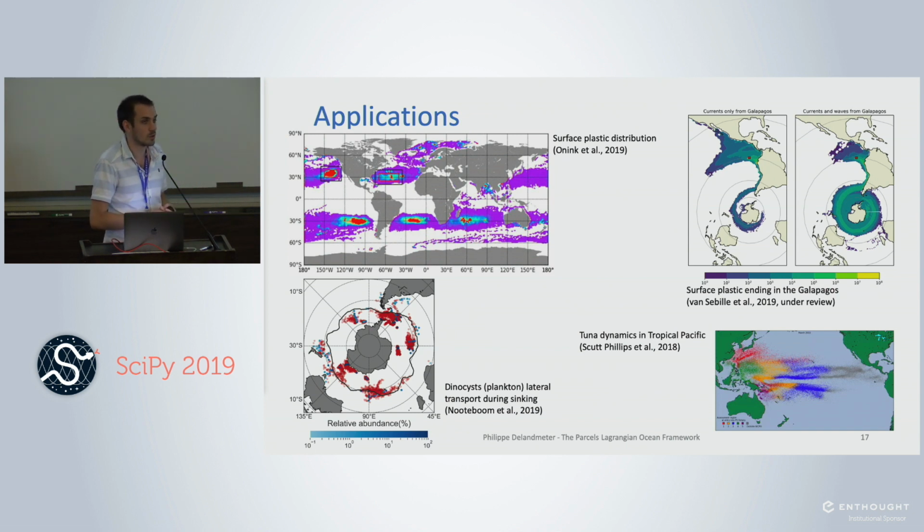There is a lot of work to do to understand the 99% of the plastic that at some point sinks due to vertical mixing, turbulence, and also biofouling, when organisms attach to plastic particles. There is a lot of research to do there, and we use Parcels for it. Another application was to find the origins of the plastics ending up in the Galapagos.